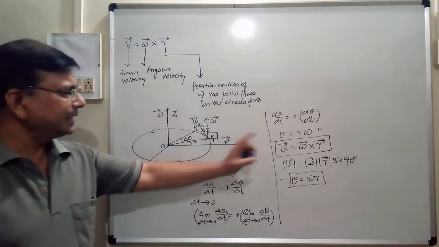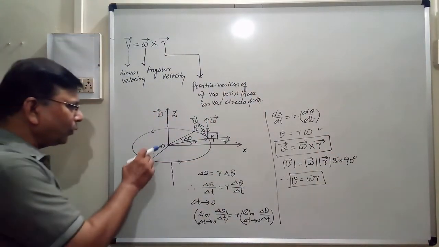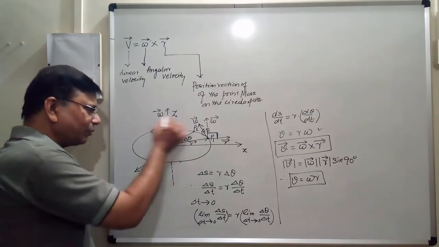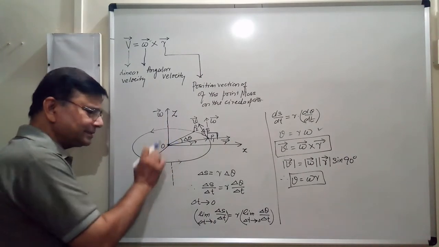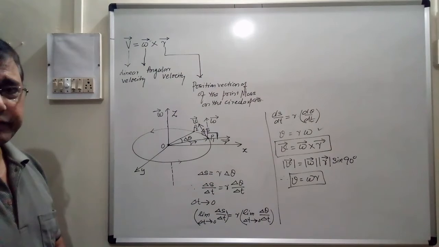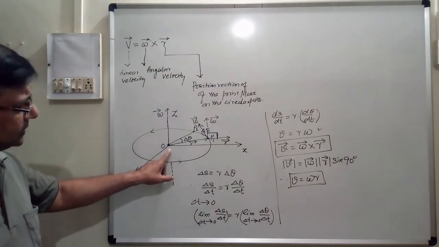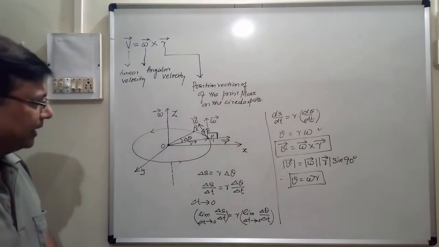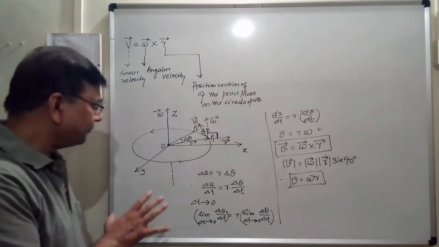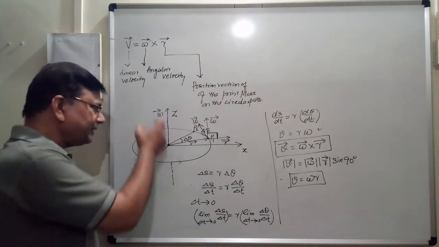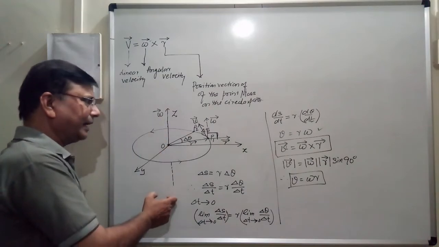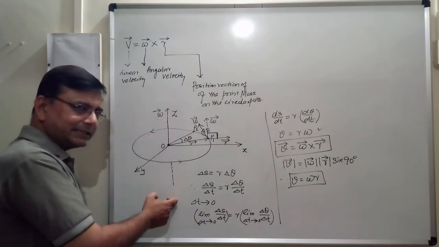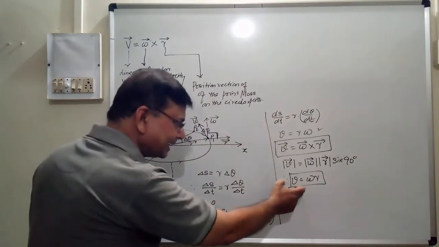So, this relation we could see when the center of the circular path is considered as the origin of the coordinate system, right? Now, if this origin is shifted somewhere along this z-axis, still we will get this relation.